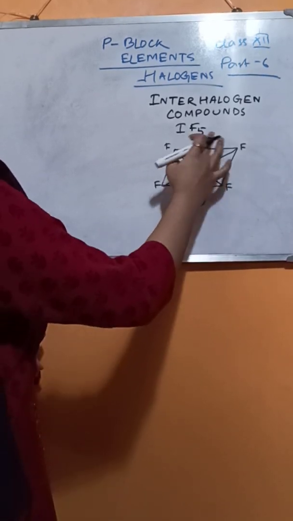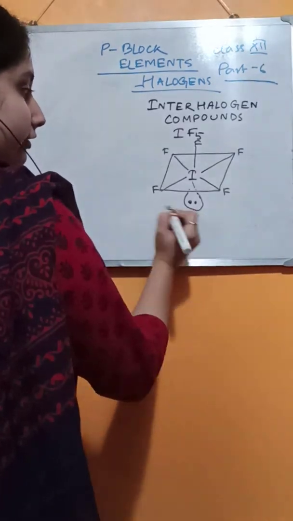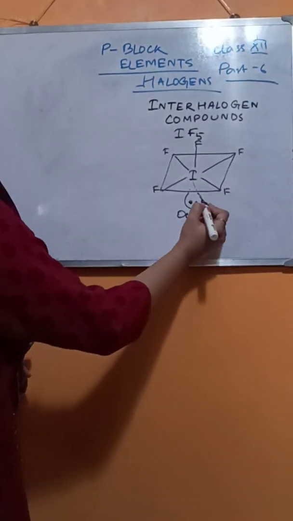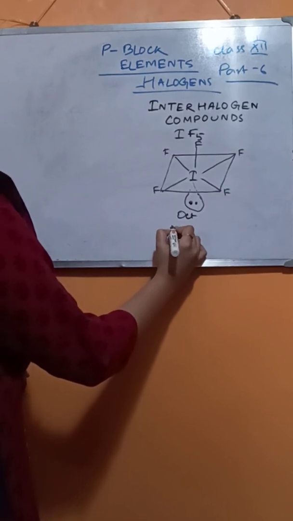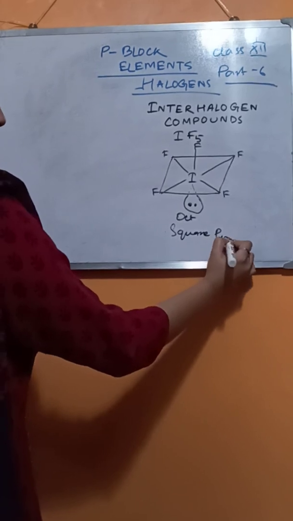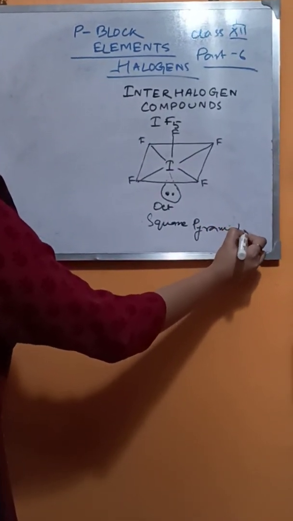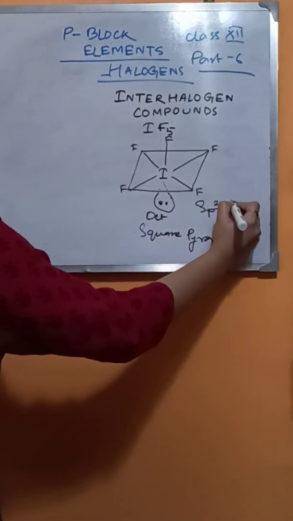Thus you can see the ideal structure is octahedral, but due to the presence of this lone pair, the actual structure will be square pyramid. And the hybridization is sp3d2.